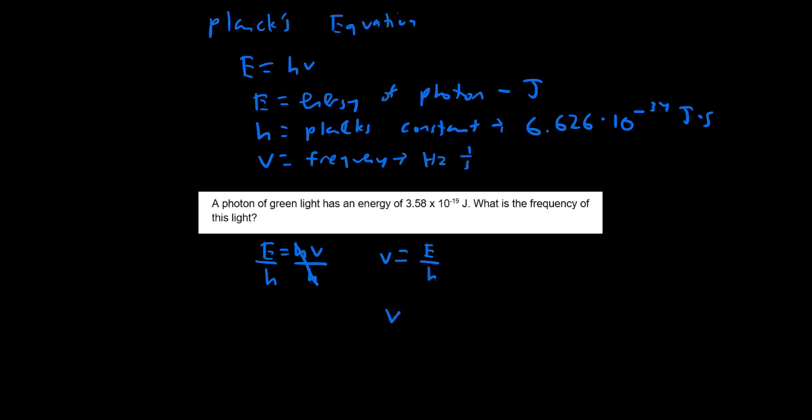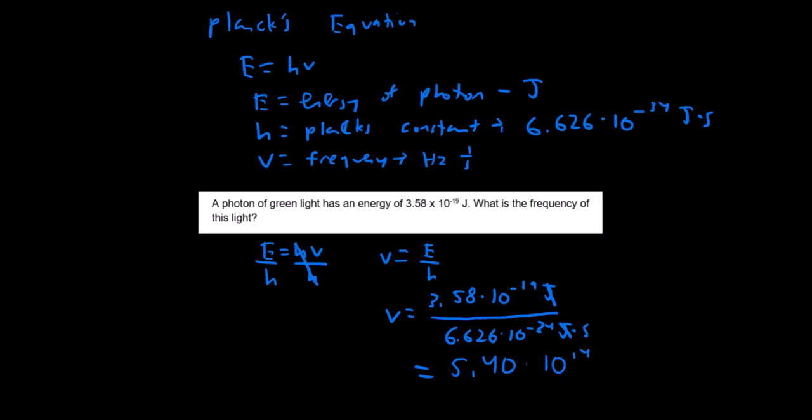So the frequency is the energy, which is 3.58 times 10 to the negative 19th joules, over Planck's constant, which is 6.626 times 10 to the negative 34 joules times seconds. The joules are going to cancel out, and we're going to get 5.40 times 10 to the 14th 1/seconds, or you can do hertz.